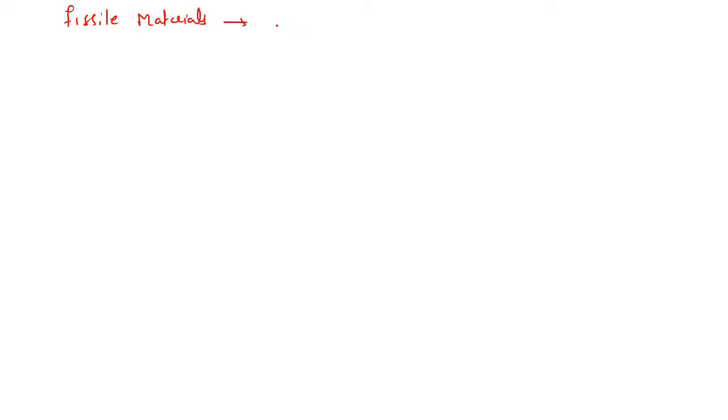Fissile materials are like uranium 235, uranium 233, plutonium 239. Fissile means when we use them in a nuclear reactor, they will divide or break into different elements, and in that process they will release energy.